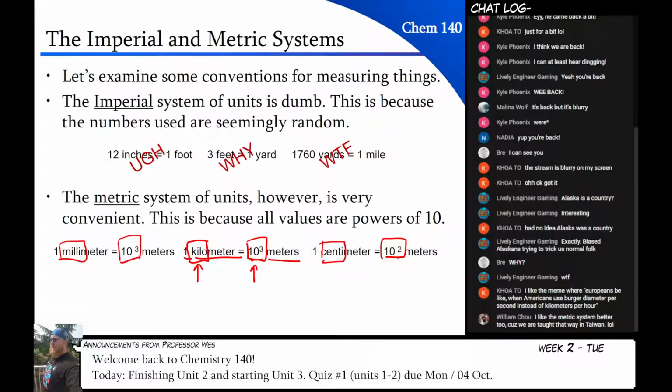And if you grew up in a country that wasn't the United States, then you're way ahead of the game because you've already dealt with all this, right? You can visualize what a liter is, but it's actually very hard for Americans to visualize what a liter is. And even me saying, oh, it's a quarter of a gallon, that only helps you so much, right?